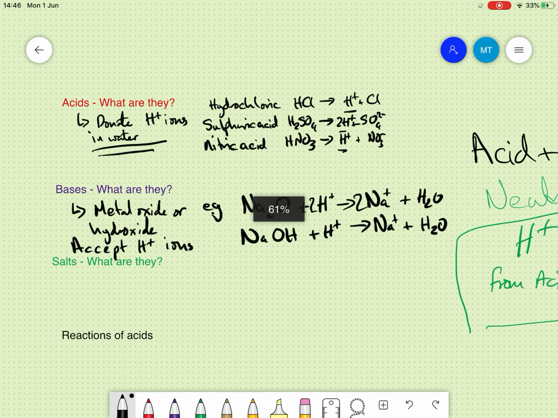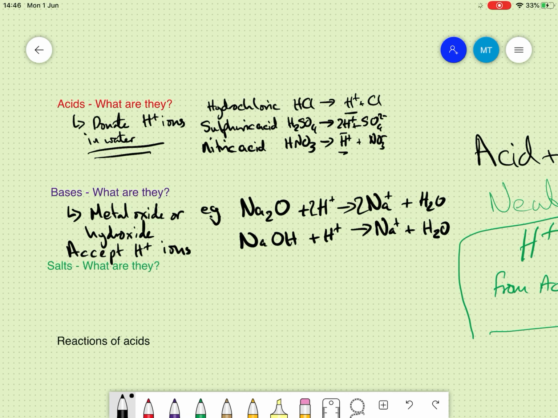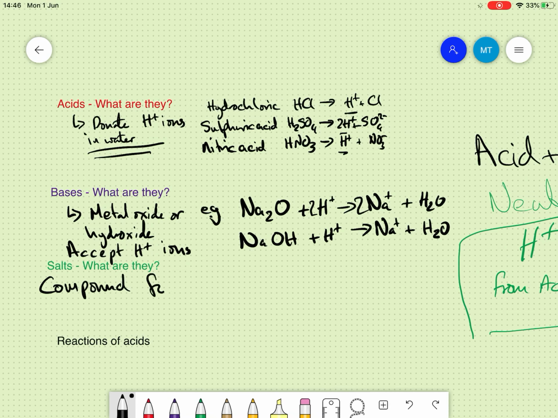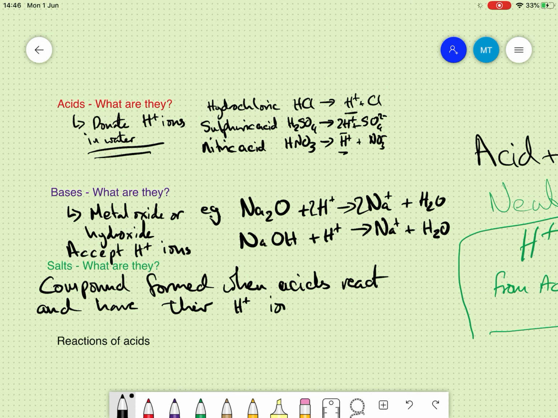So bases, where are we now? We are at salts. Salts are compounds formed when acids react and have their H plus ions replaced.